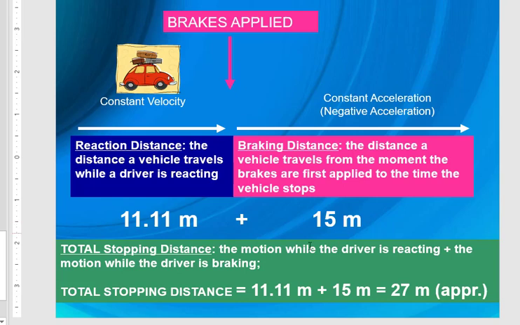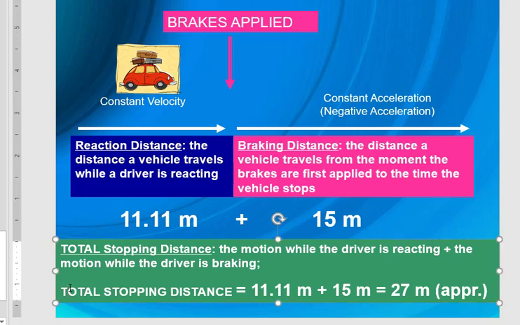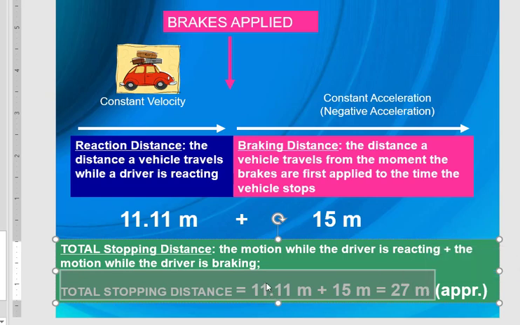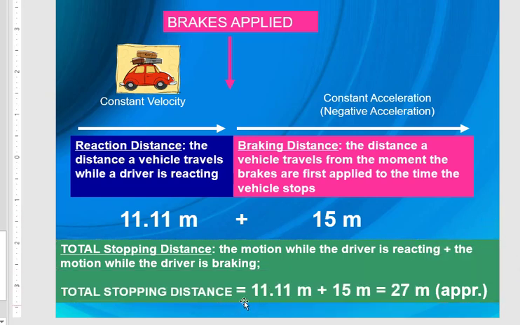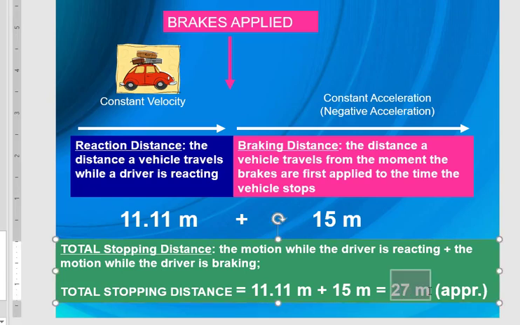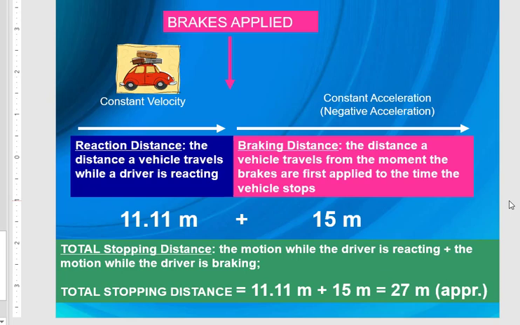So your total stopping distance is just adding those two distances together: your reaction distance plus your braking distance, and then you have your total stopping distance here. And for this example, it is 27, okay?